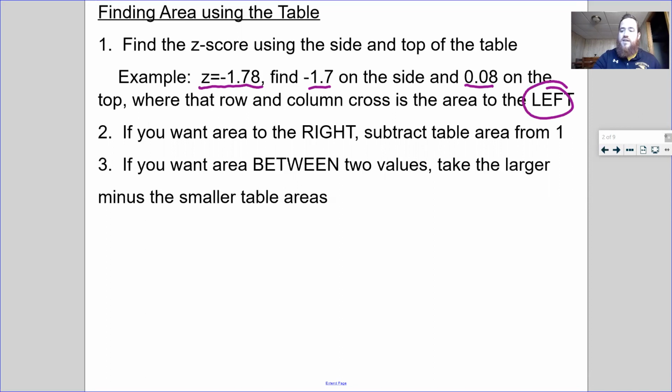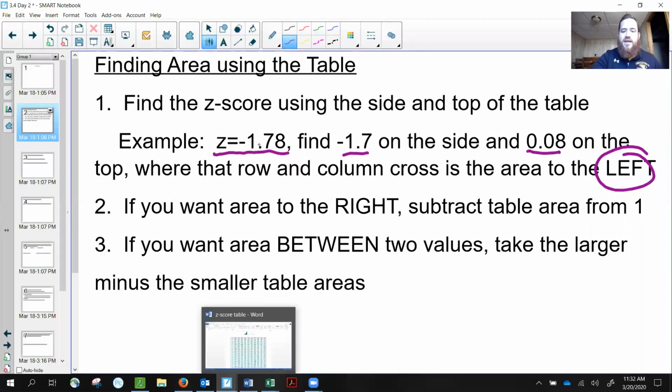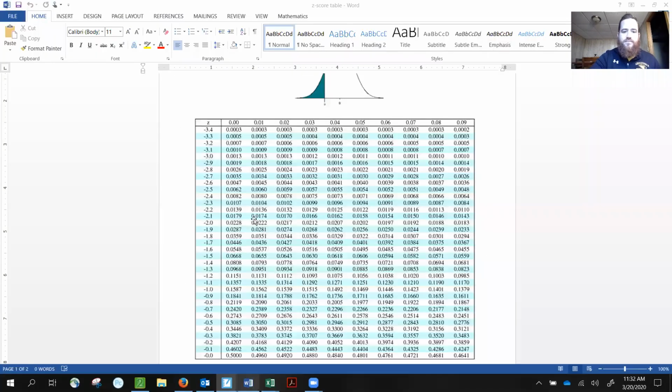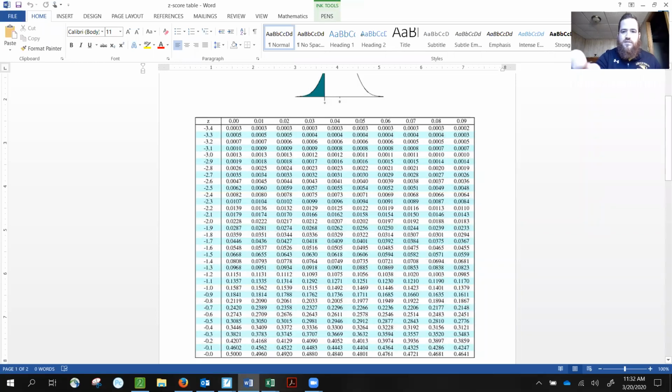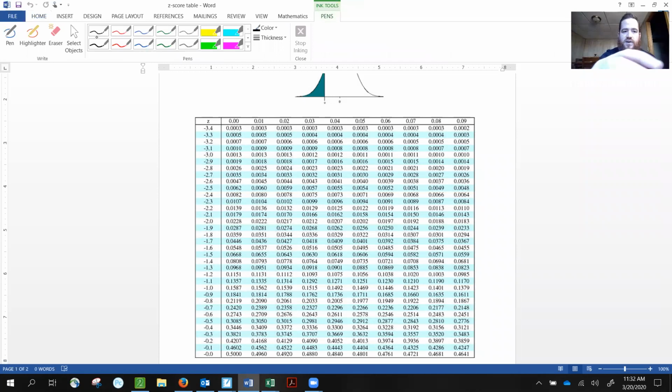So let's look at our z-score table again. Negative 1.78. So there's negative 1.7, and 0.08.